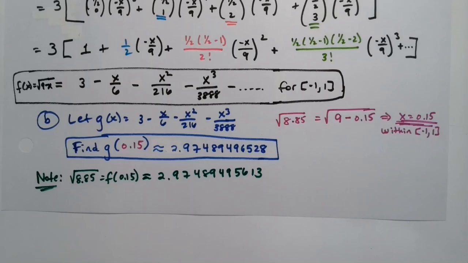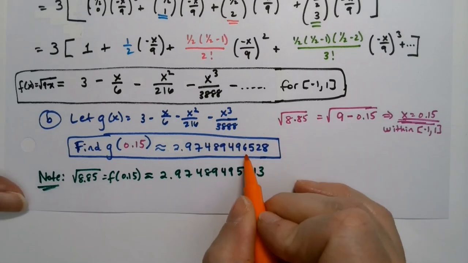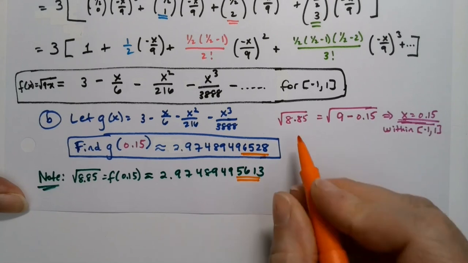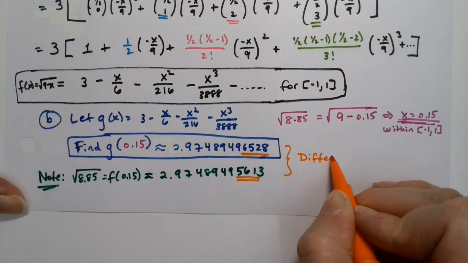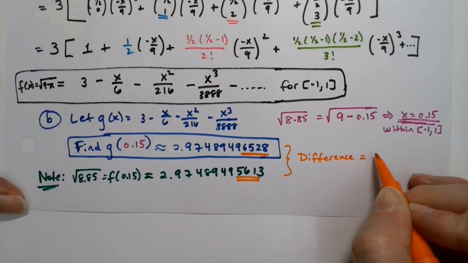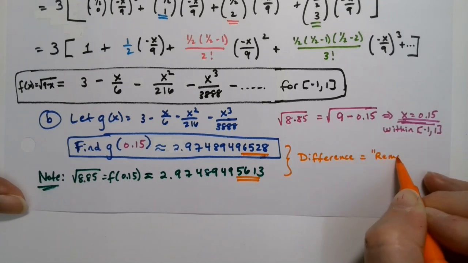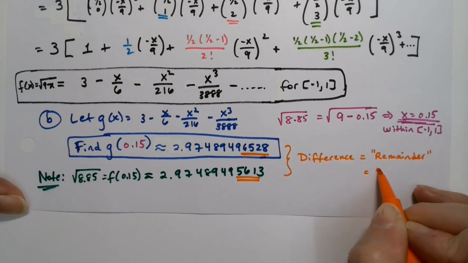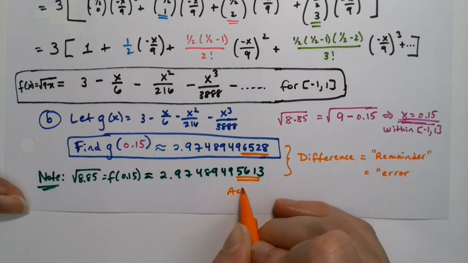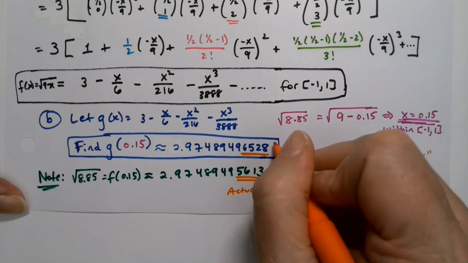And that difference between what we thought it would be and what it actually was is the remainder that we were talking about for the remainder theorem. The difference in these two is equal to the remainder, also known as the error, because this is what it actually is, well, more or less, and this is what an estimate is.